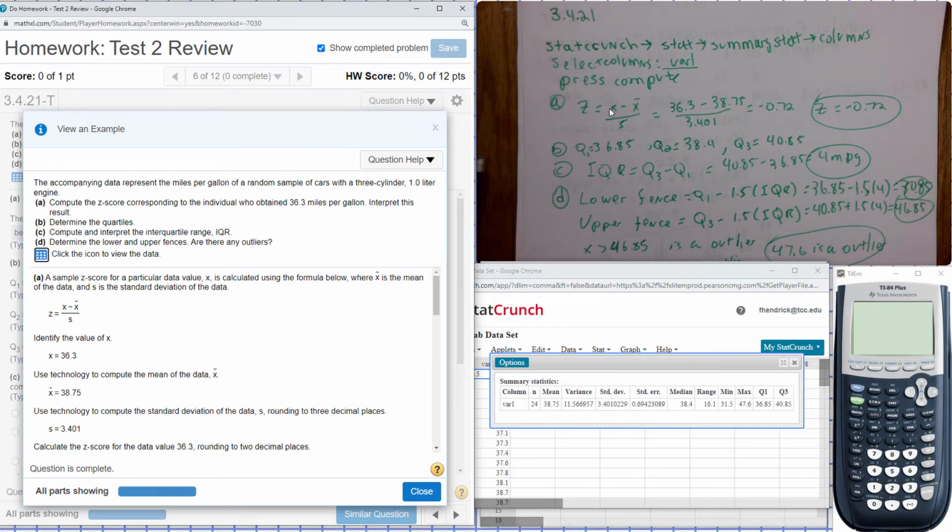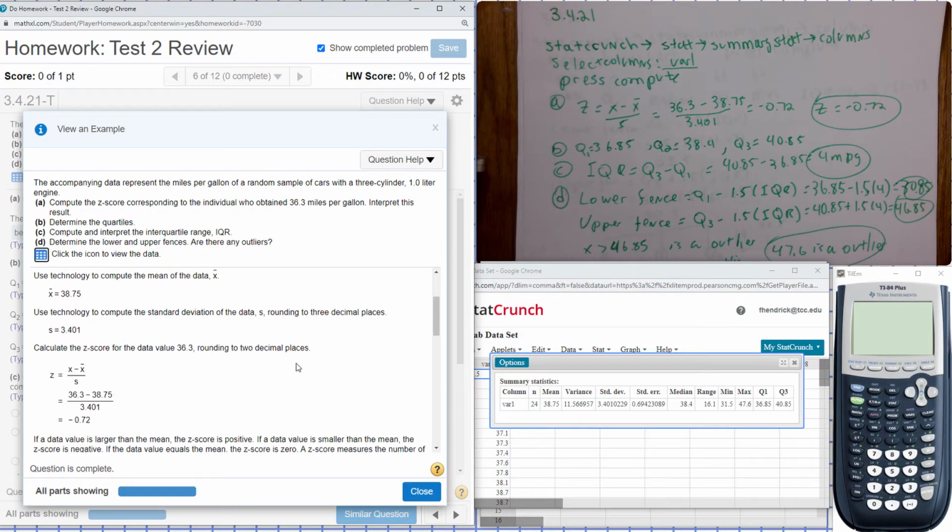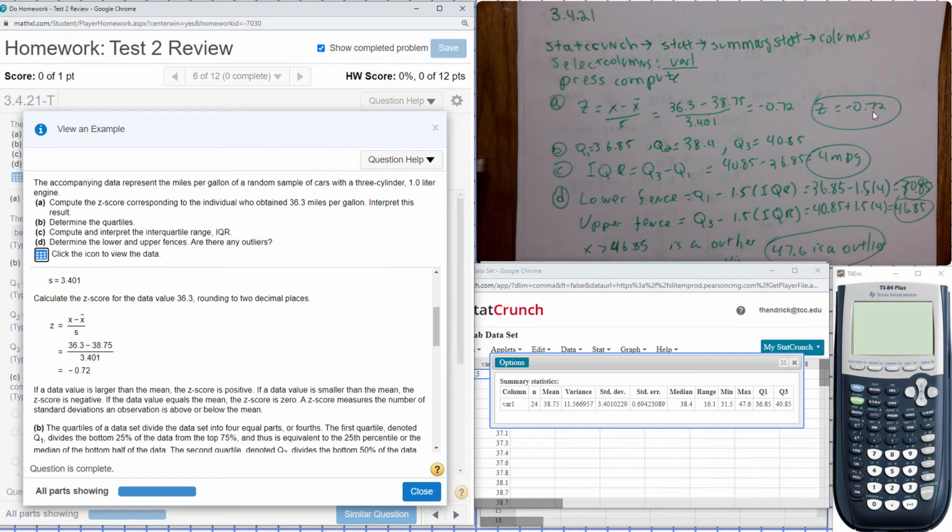Okay, and we have our value. And they give us the mean to be 38. And they also give us the standard deviation. So we can plug in here and find out what our z-score is going to be. We end up with a negative 0.72.